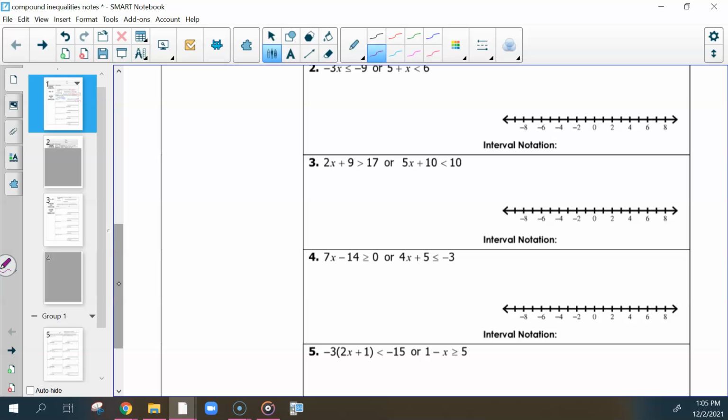And this might answer both Peter's questions. So again, you have 2 separate inequalities, solve them separately. You could solve one completely and then the other, or you could start to solve this one, start to solve this one, but you're doing separate things. So this one we would subtract 9 on both sides, and divide both sides by 2.